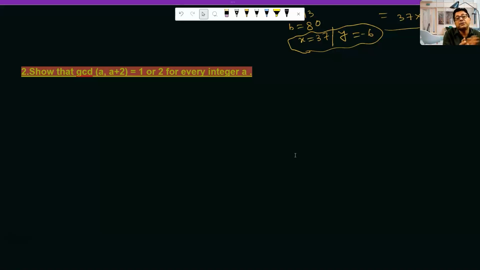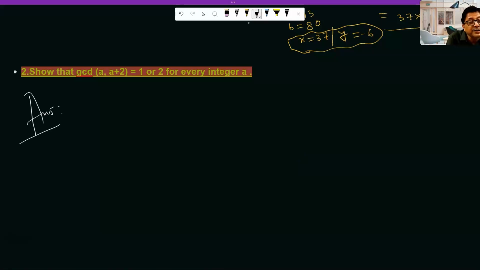If the numbers are of this form, then GCD will be this. See how to do it. We'll do it with the help of Euclid's algorithm and the concept of GCD. I'll show you other methods also. Let us do it by one method at least now.